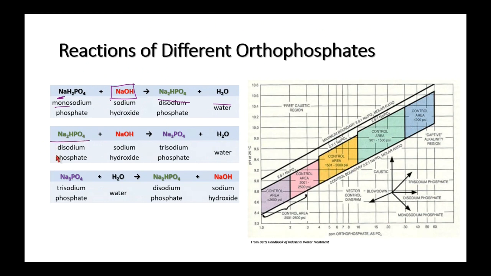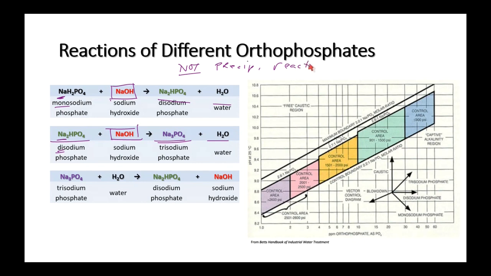If we add disodium phosphate, again, it will find hydroxide and it will consume the sodium hydroxide to form trisodium phosphate and water. So these are not precipitation reactions.